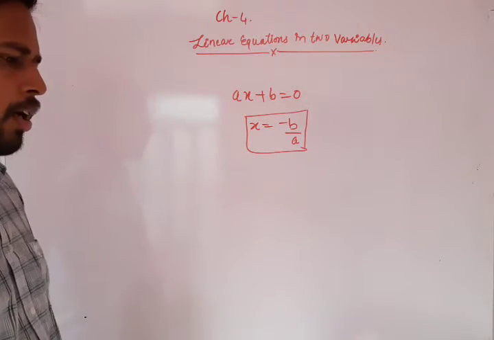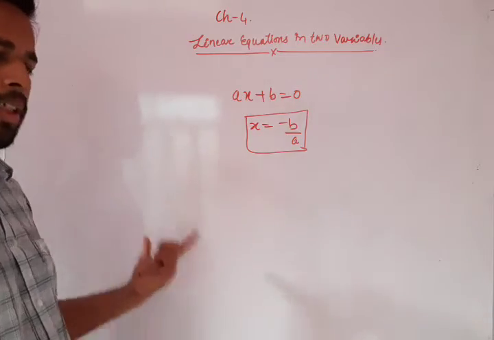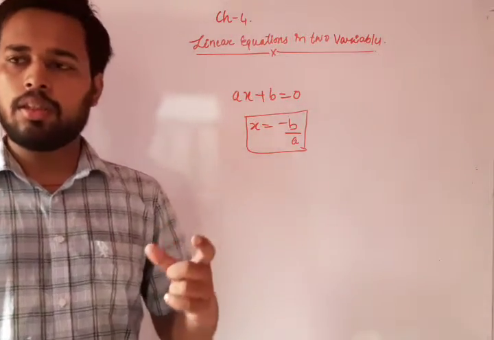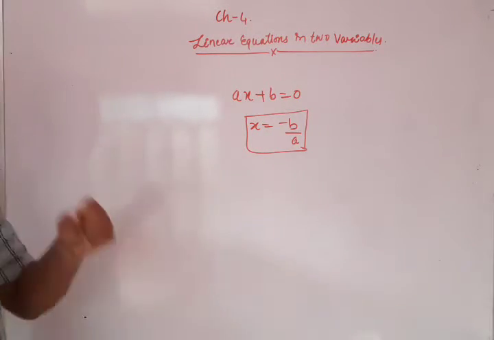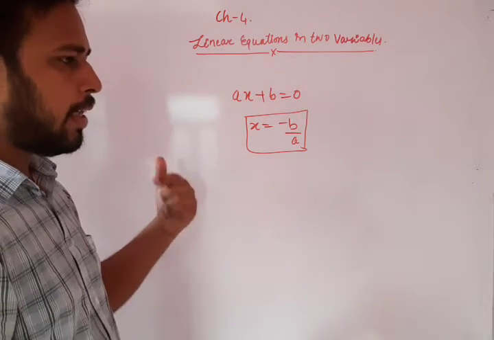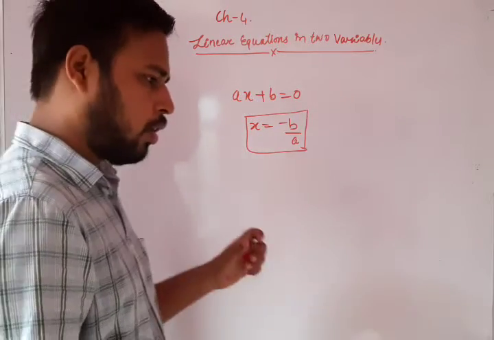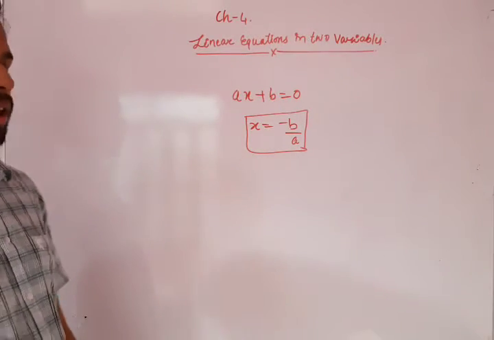If you add the same thing on both sides, the solution of the equation is not altered, it is not changed. And second, when you multiply or divide by the same thing in a linear equation, the solution of the given equation also does not change.